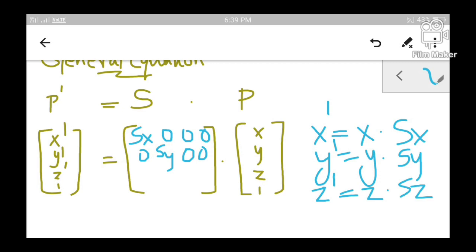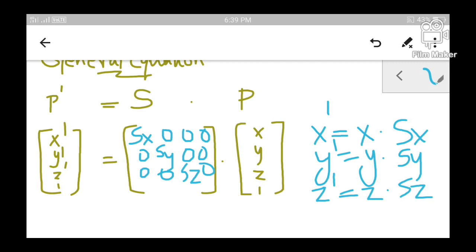That means in this equation there are no values regarding x and y, so the first position and the second position will be having 0 values in it, and z is multiplied to sz, so here I am having sz and the last value in the row will also be 0.